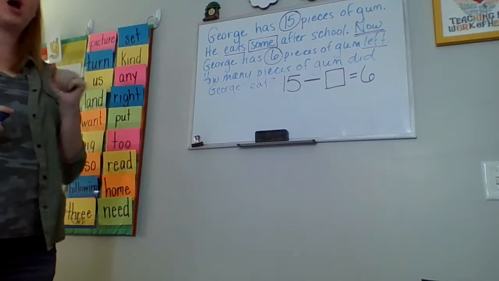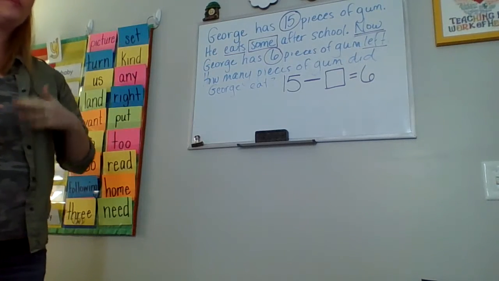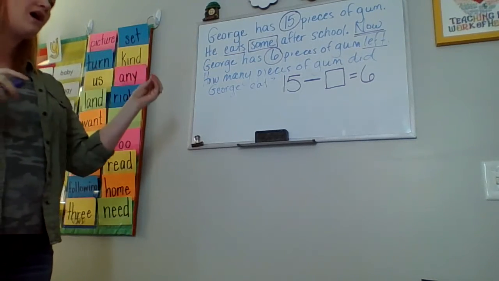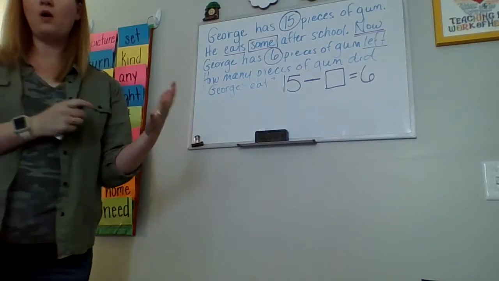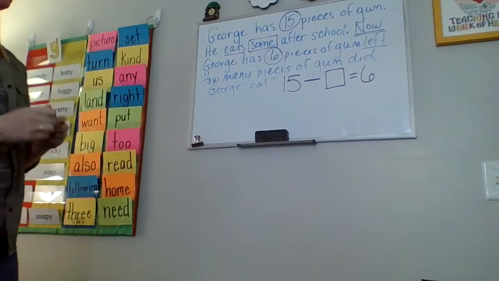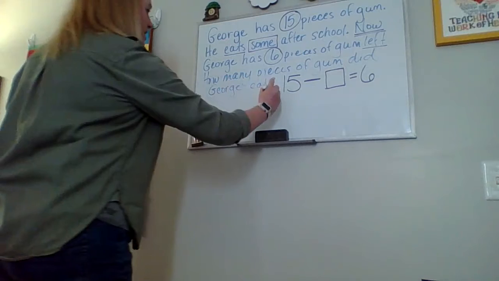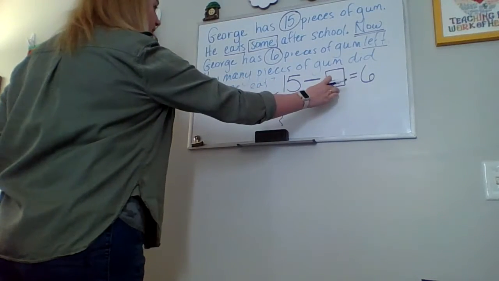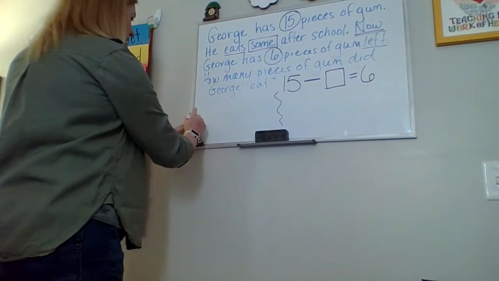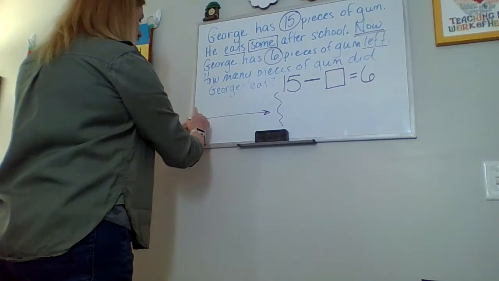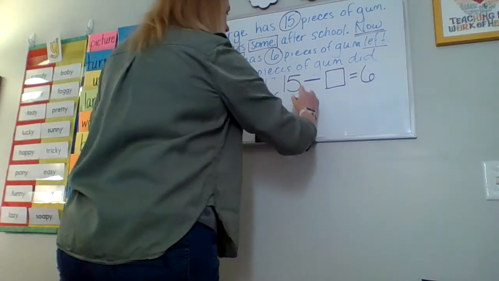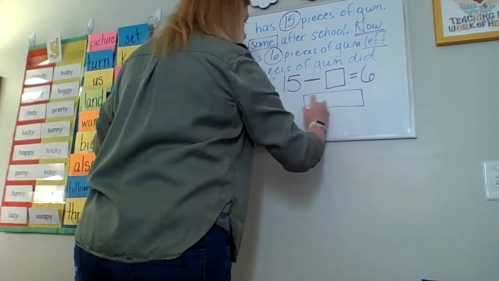I think for this problem, the easiest would be an open number line or to use a part-part-whole model. The 2 strategies that are going to be the easiest with the unknown in the second position are an open number line or a part-part-whole model.